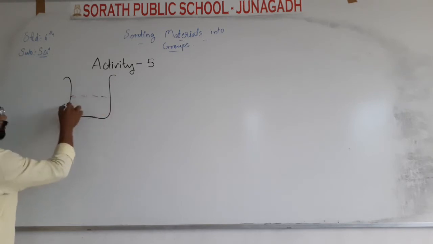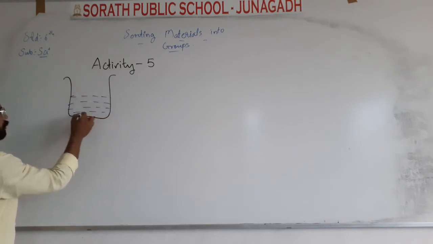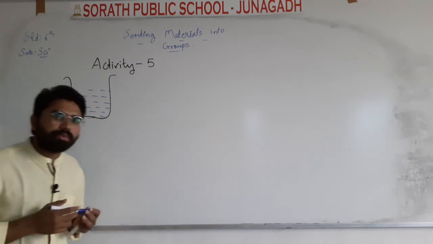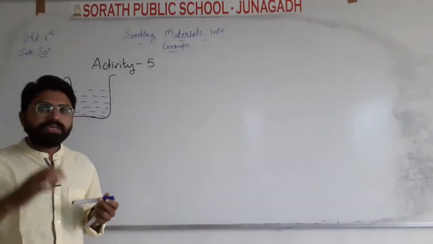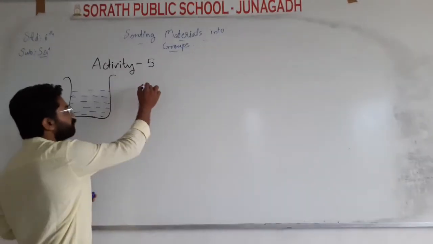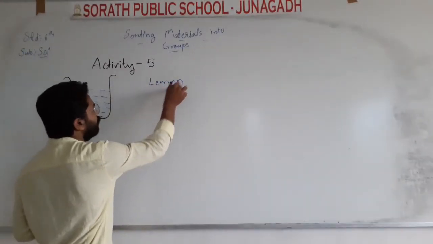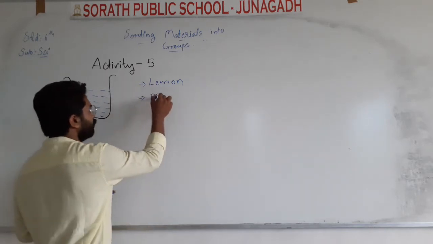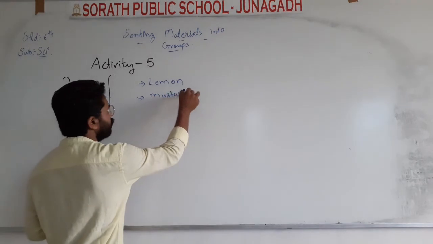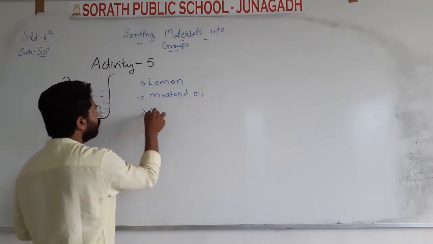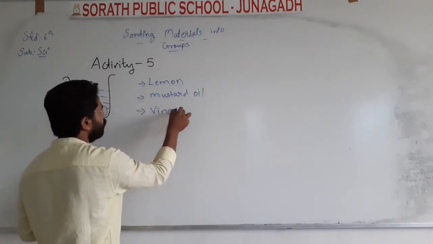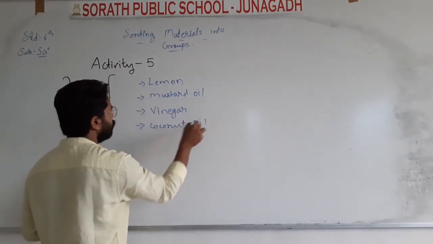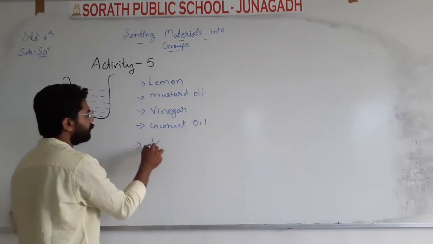What you have to take? You have to take the water. And after that what you have to do? You have to take some of the liquids. Liquids like lemon, then mustard oil, vinegar, coconut oil, then kerosene.